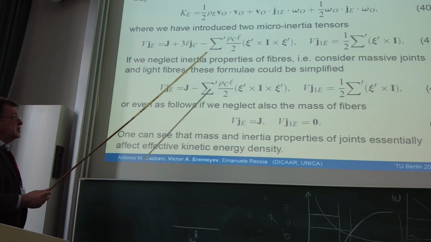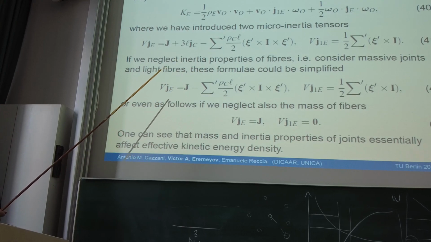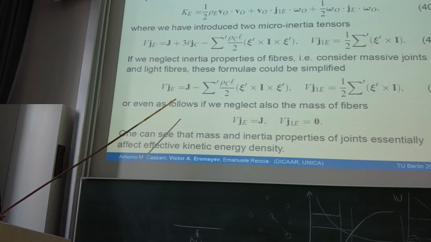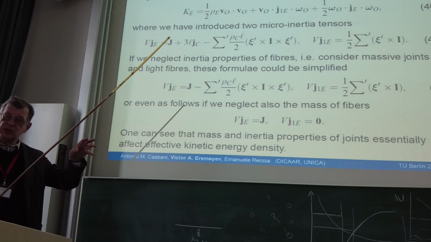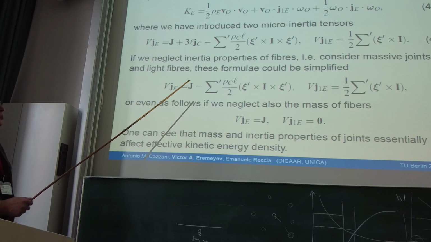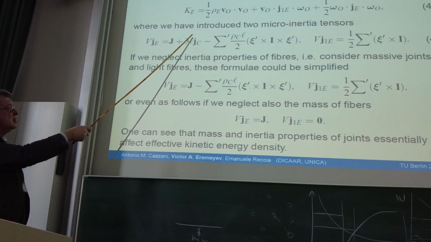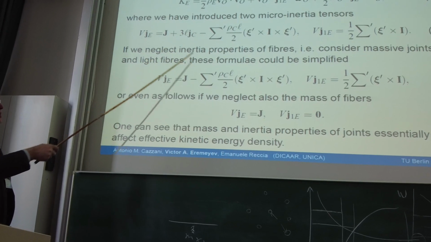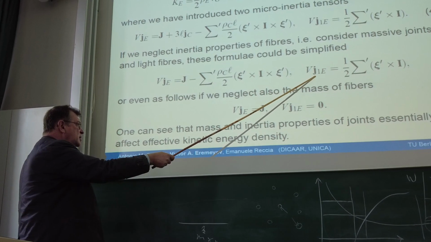Of course we can do some simplifications if you want. First of all, I can neglect the mass of fibers. In this case, the inertia should disappear. So I will have this, but this animal is still alive.